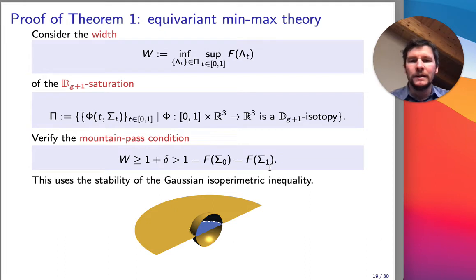So now assume that this width estimate would not hold. That would mean along one of these objects in this saturation, so one of these sweep outs, we can go from the sigma 0 to the sigma 1, or what corresponds to sigma 0 or sigma 1, without ever having Gaussian area larger than 1 plus delta. So always staying below 1 plus delta.